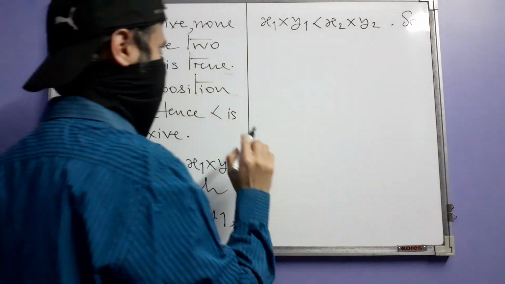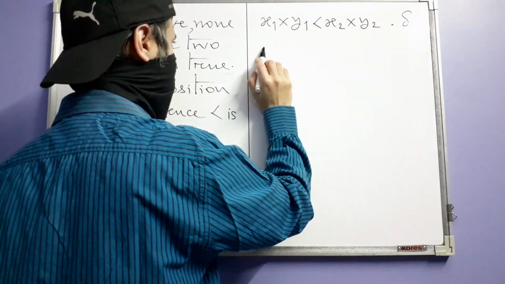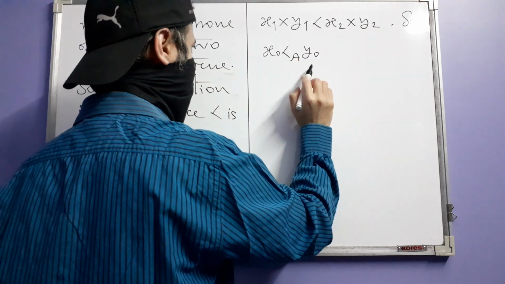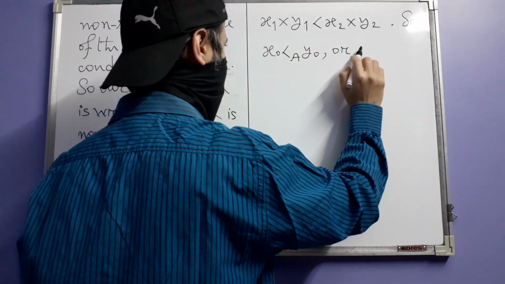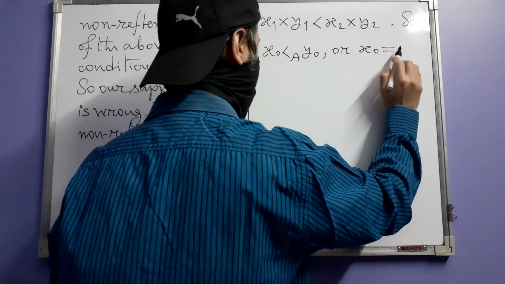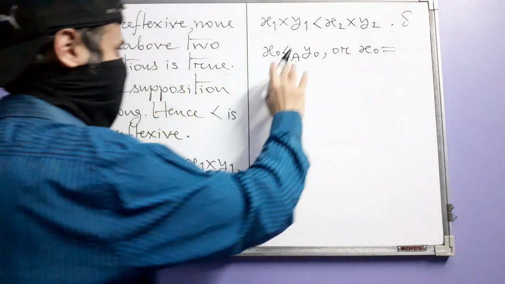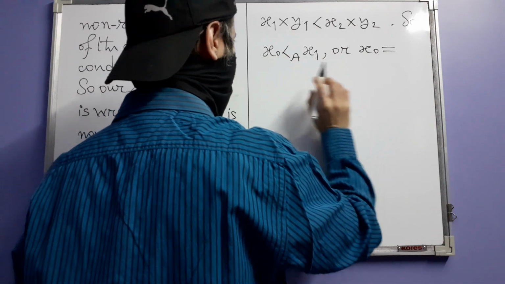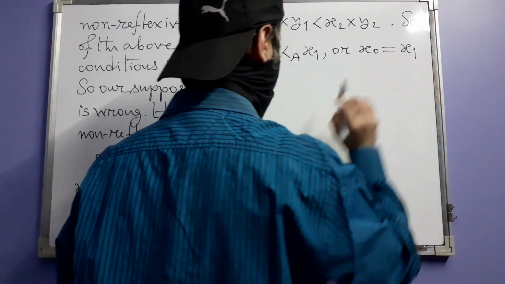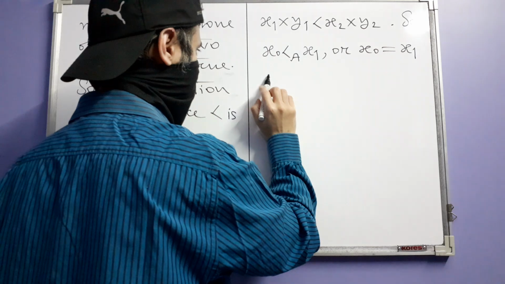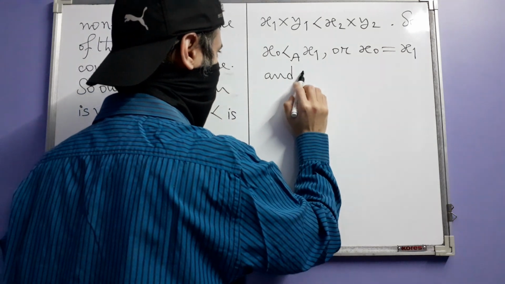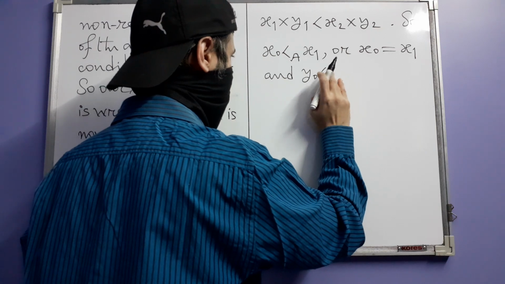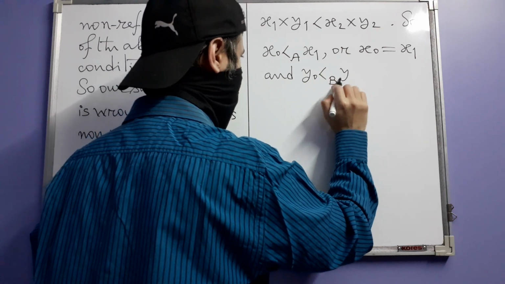So, either x naught is less than y naught, or x naught is equal to, oh sorry, what am I writing? x1, sorry about that. x naught is equal to x1 and y naught is, this is b, less than y1.